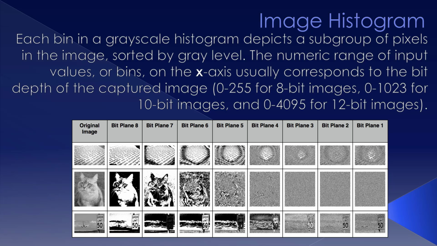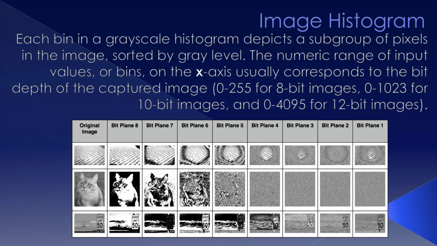Each bin in a grayscale histogram depicts a subgroup of pixels in the image, and they're sorted by gray level. The numeric range of input values or bins on the x-axis usually corresponds to the bit depth of the captured image. So for 8-bit images, it's 0 to 255. For 10-bit images, it's 0 to 1023. And for 12-bit images, it's 0 to 4095.